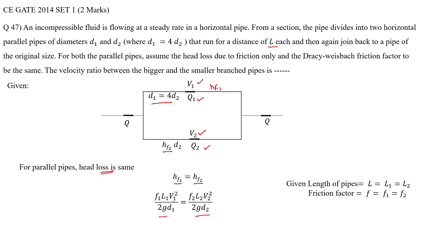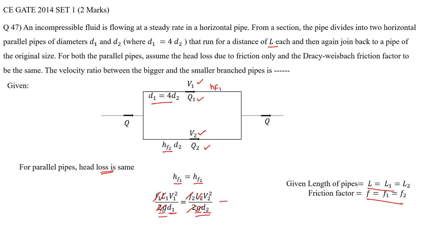Now what we know? F1 and F2 are equal, L1 and L2 are equal, D1 has a relation with D2, and G is also equal in both cases, and 2 is also equal. So I can cancel straight away. Here also I can cancel because F1 and F2 are equal and L1 and L2 are equal.